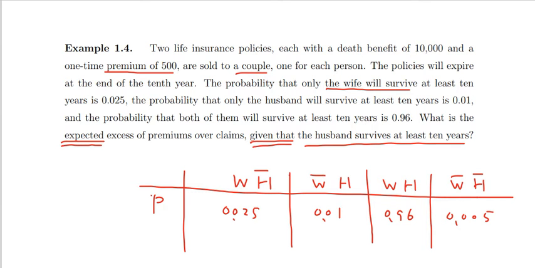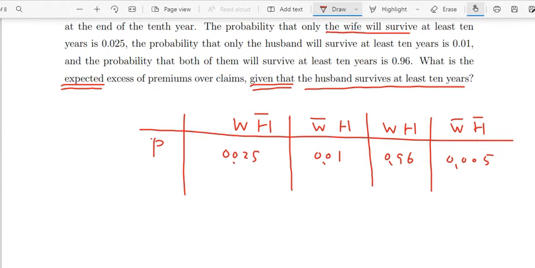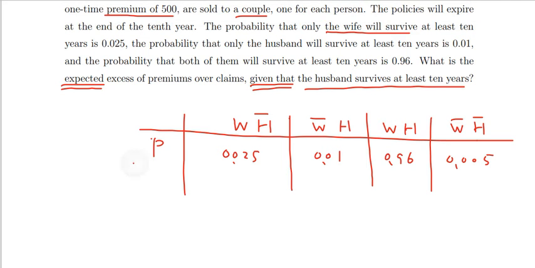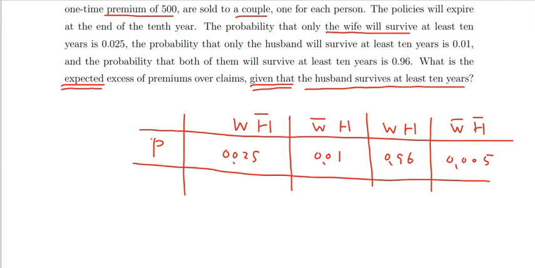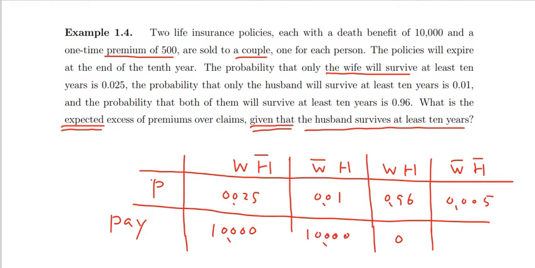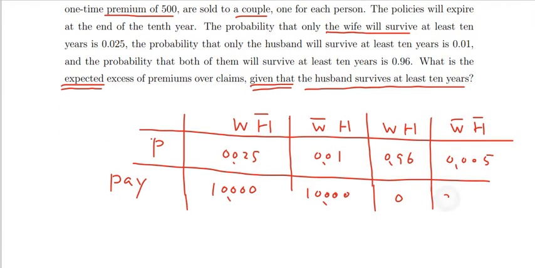Okay, so the payment the company should pay: in this case pay this, in this case pay this, and here pay 0, right? Here the company will pay so much, 2, right?